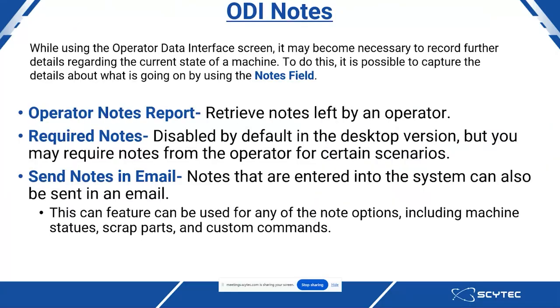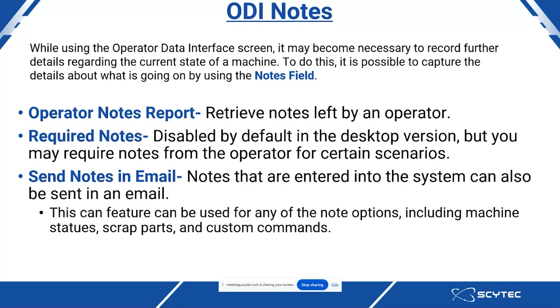And as I brought up earlier, while using the operator data interface screen, it may become necessary to record further details regarding the current state of a machine. To do this, it is possible to capture the details about what is going on using the notes field. And you have the ability for operator notes reports, which retrieve any of the notes left by an operator. You also have the ability to require notes.